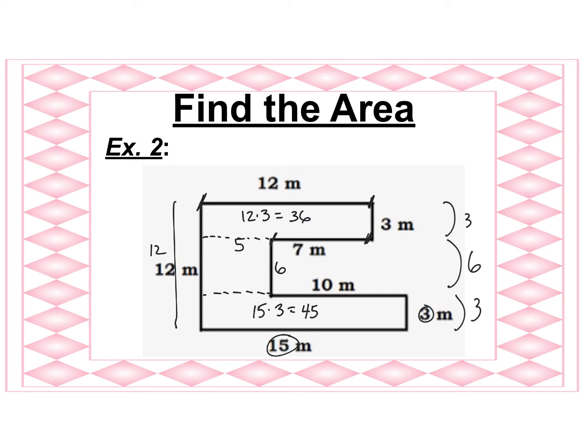So this is 6 in here. So I have a little 5 by 6, which is 30. And then I'm going to add them all up. So the area of the whole shape is going to be 36 plus 30 plus 45, which gives me 111 meters squared.